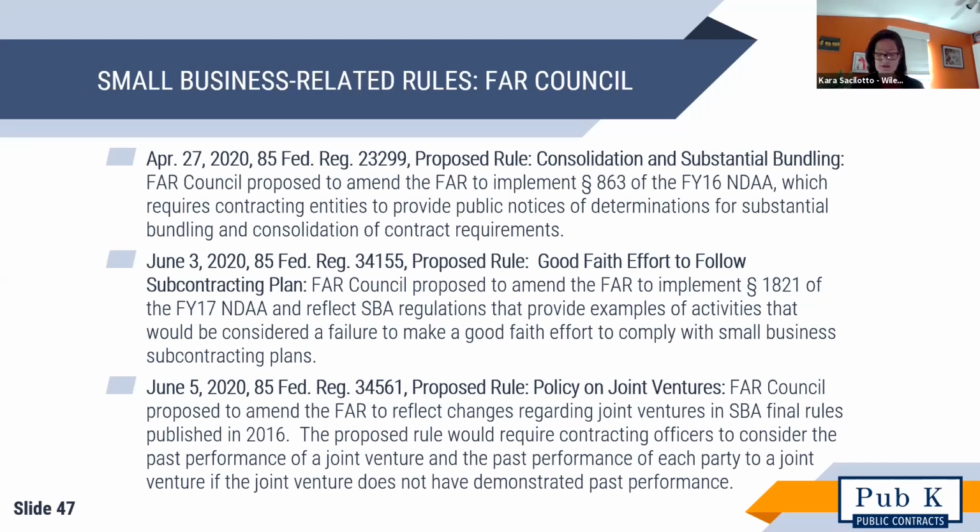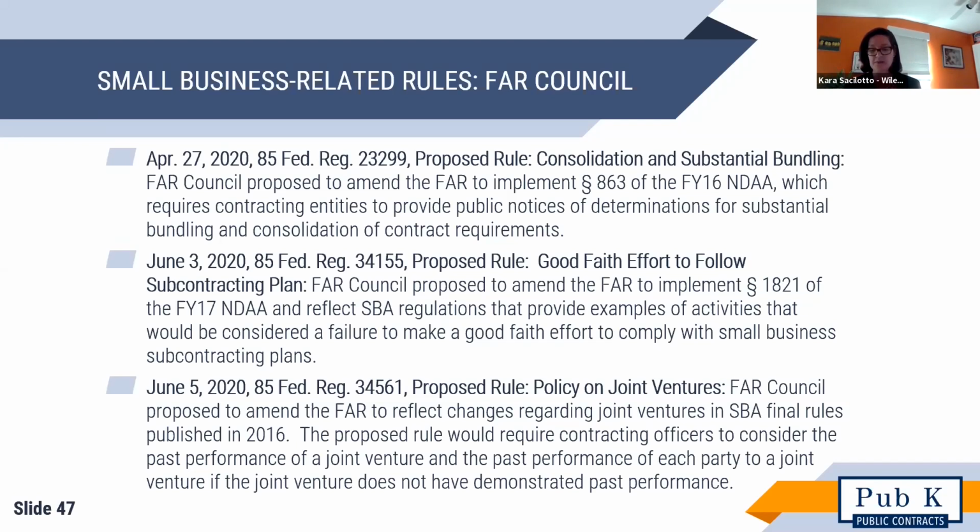On the other hand, notice of such a consolidation could also benefit small businesses by alerting them to subcontracting opportunities. The notice must be publicly posted, and a solicitation should not be issued until 7 days after notice, again, so that small businesses have awareness of this bundling. The agency must also provide a justification for the consolidation or bundling determination.